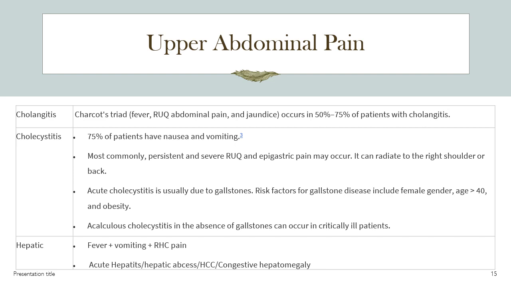Order LFTs, order a viral screen including HBsAg and anti-HCV levels, and proceed with ultrasound abdomen to confirm any hepatic abscess, any focal lesions that might suggest hepatocellular carcinoma, any hepatic congestion, or any evidence of hepatic inflammation in acute viral hepatitis.